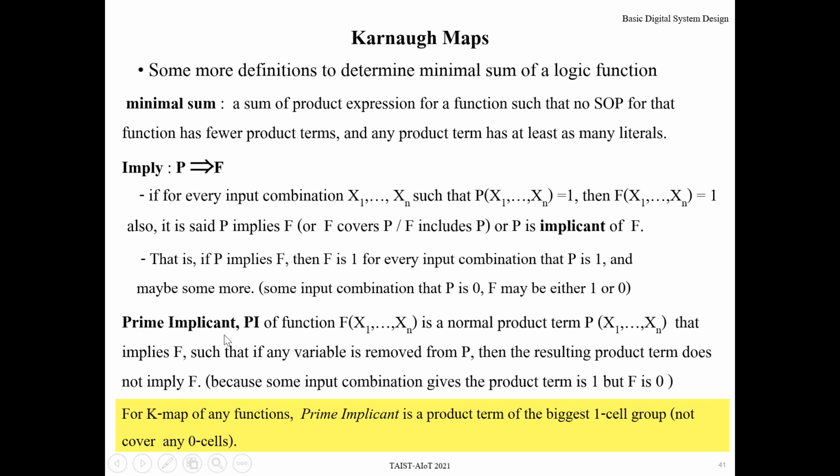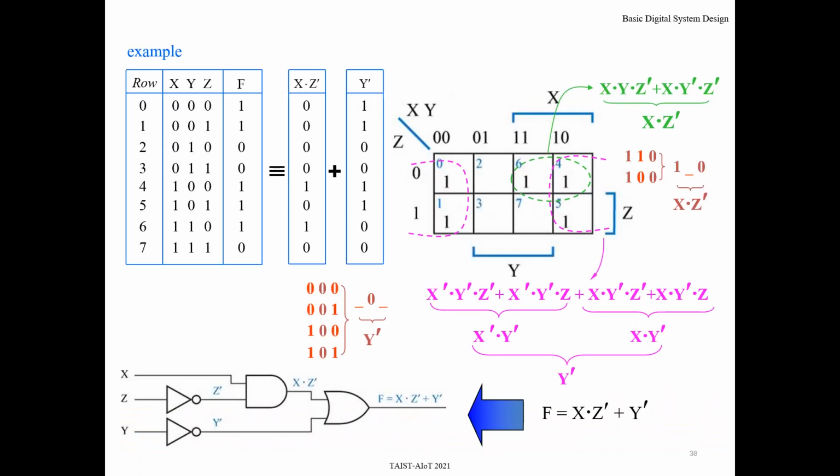A prime implicant of the function is a normal product term p that implies f, so that if any variable is removed from p, then the resulting product term does not imply f. For example, this one.